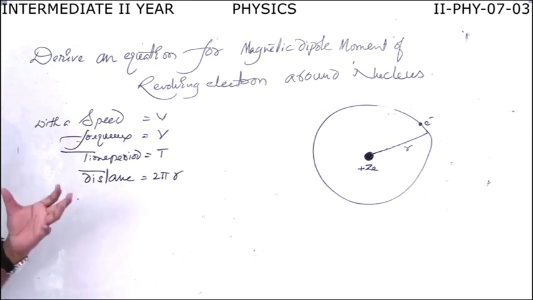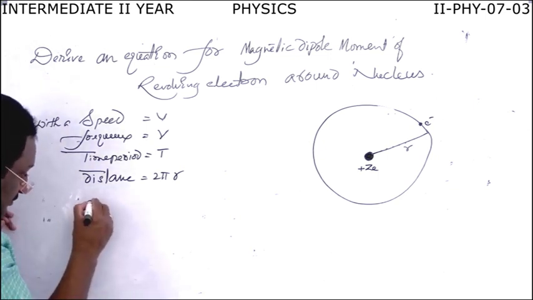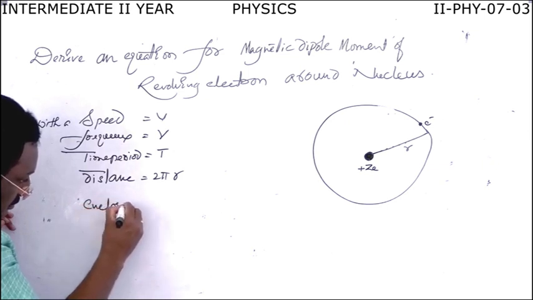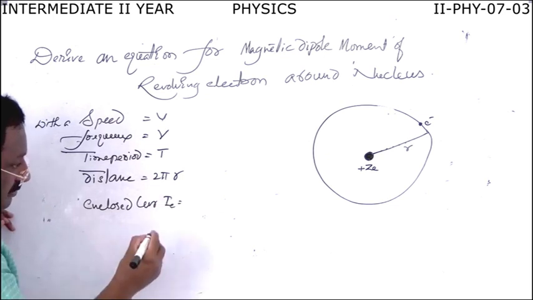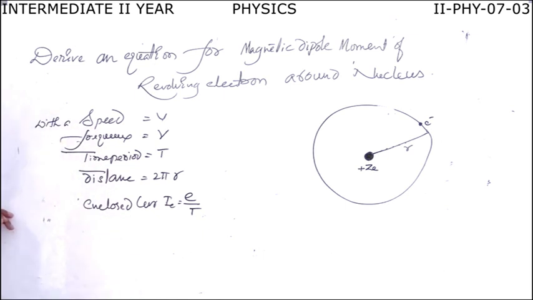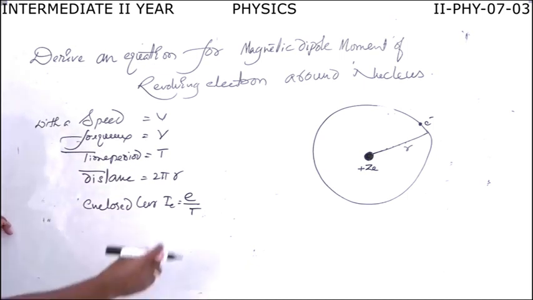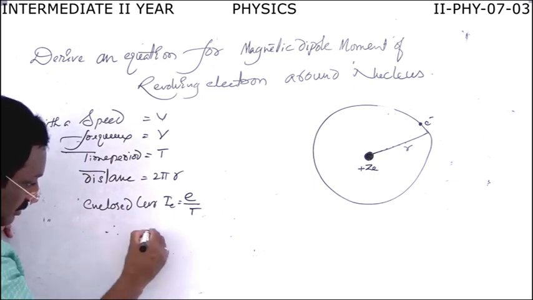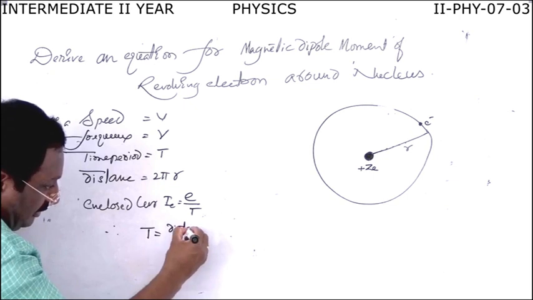Now we write the current due to the revolving electron. Some current is achieved. Therefore, the enclosed current is e by T. According to the definition, it is the charge of an electron divided by the time period. Now T is the time period, which is distance by velocity.